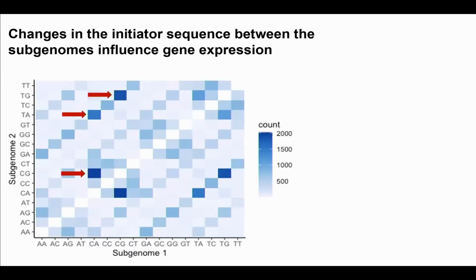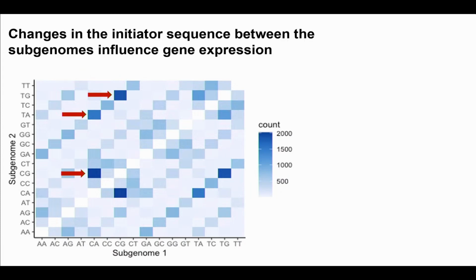So just to finish, something basically biologically meaningful for the carp, since we have this whole genome duplication, what we can actually look at is the difference in the initiator sequence between the two subgenomes. And so what I did next, I counted the mutations between the two subgenomes. So here is the initiator in subgenome 1, and here is the initiator in subgenome 2.